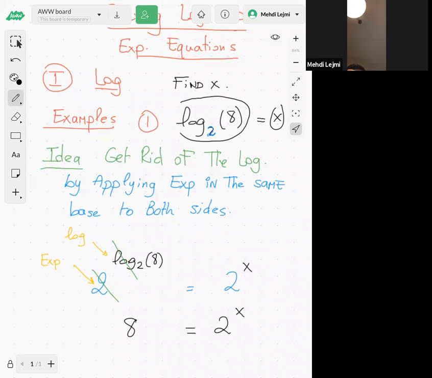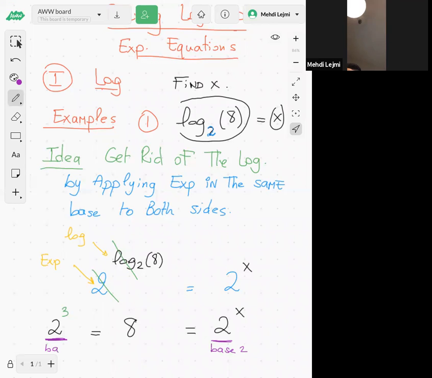Now, the question is, for which power would 2 to the power x be equal to 8? Because 8 is equal to 2 cubed: 2 times 2 times 2 would be 8. So 2 multiplied by itself 3 times would be 8. As you can see, this is 2 cubed, and on the right side we have 2 to the power x. We have the same base, base 2.